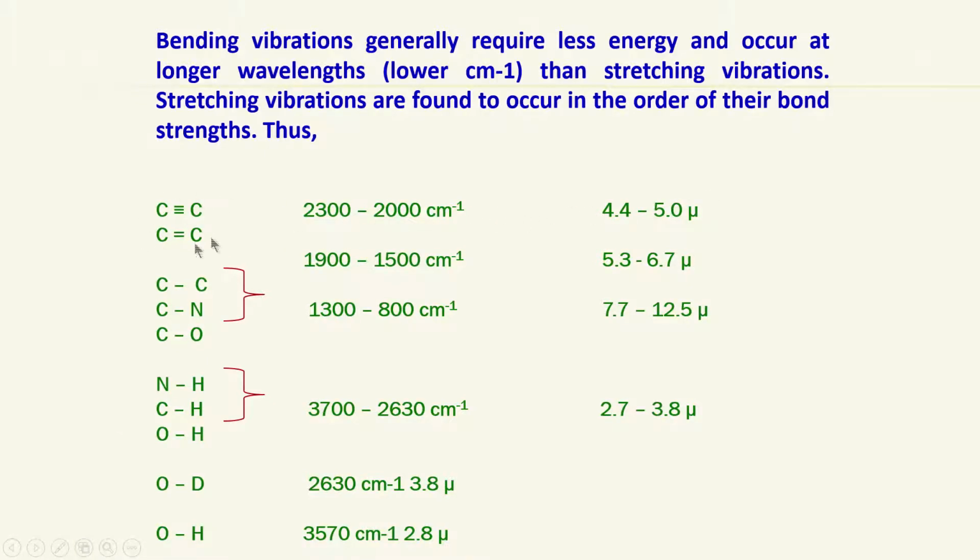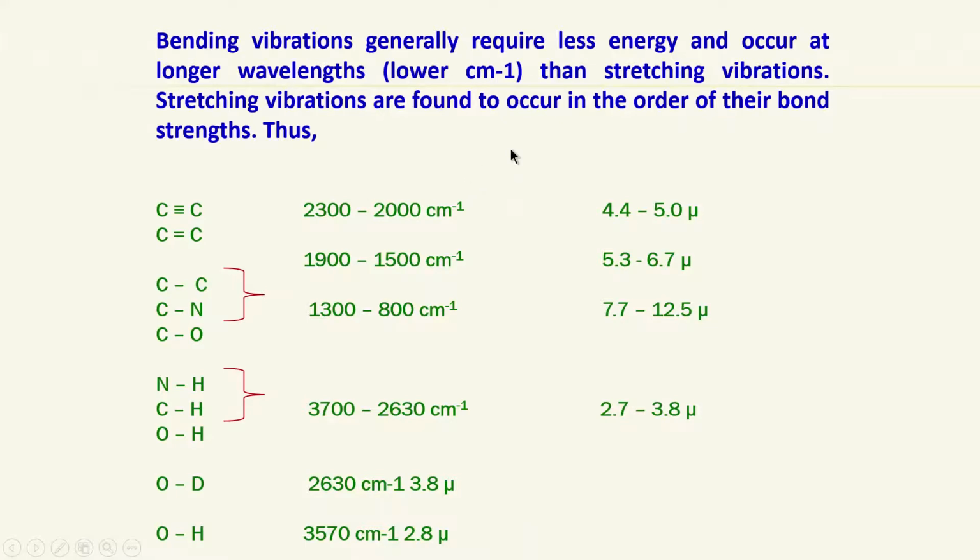So, for carbon carbon double bonds and triple bonds in a given organic compound, if you take the IR spectrum, the IR peak should appear between 2000 and 2300 centimeters inverse.